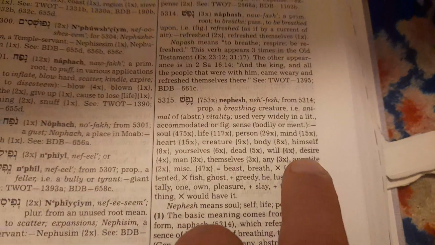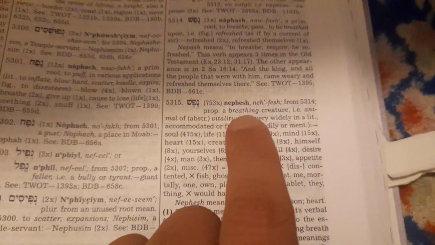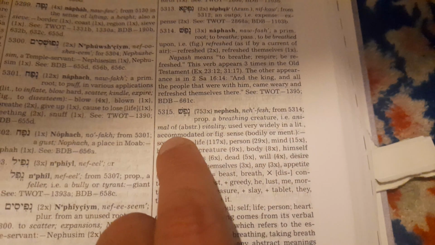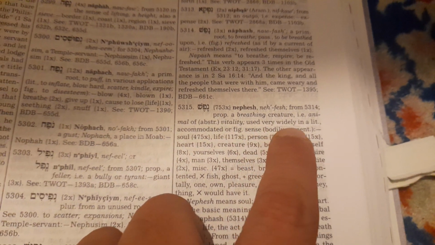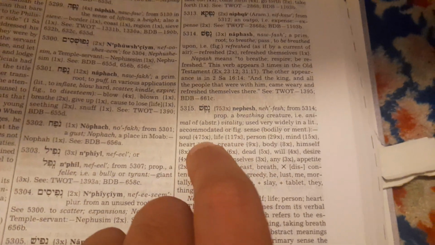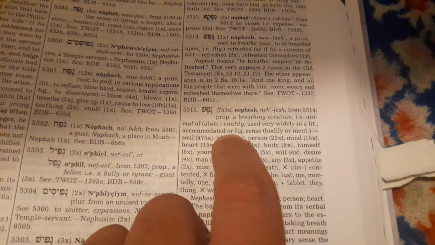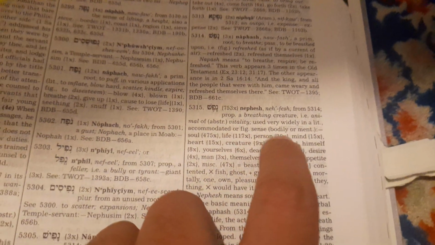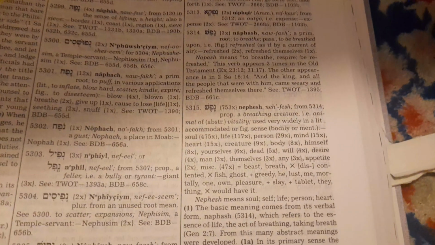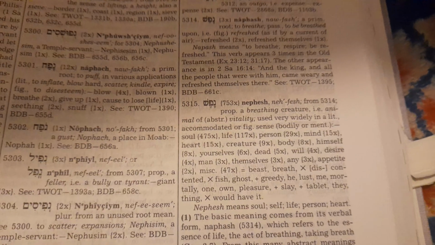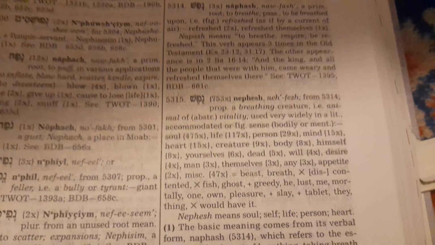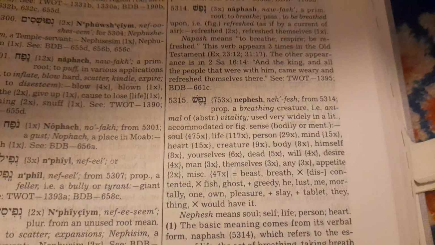If you look here, it says a breathing creature, animal of vitality, used very widely in a literal accommodation or figurative sense, bodily, soul, life. So the word is translated soul here 475 times.